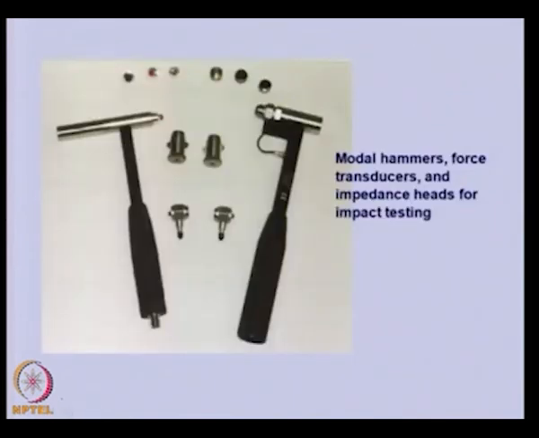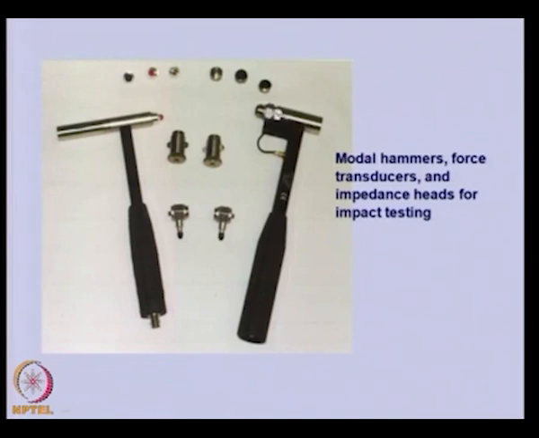This is another kind of instrument which is called an impact hammer or modal hammer. Sometimes we need to give some kind of small force to the machinery, and corresponding to this, we want to monitor the change in the vibration. This is the purpose of this particular modal hammer.